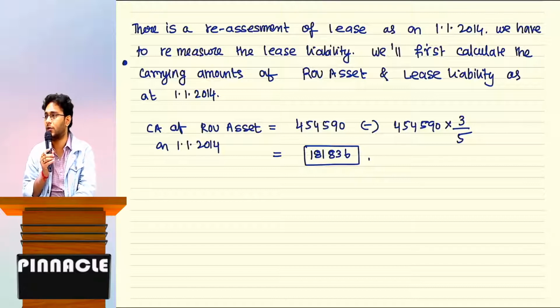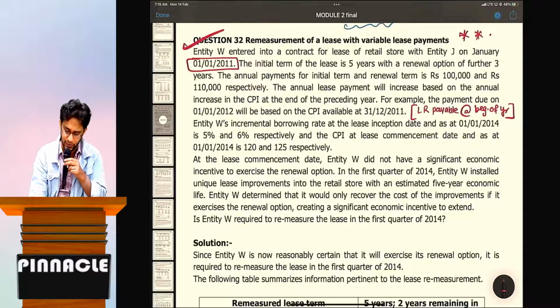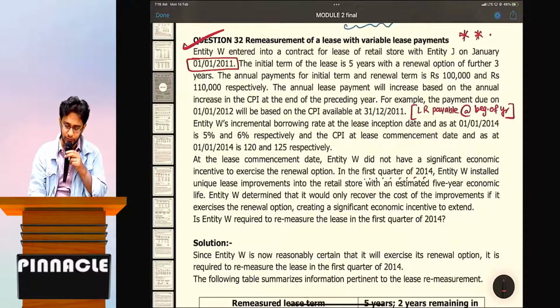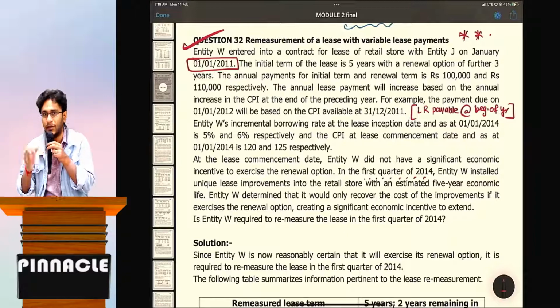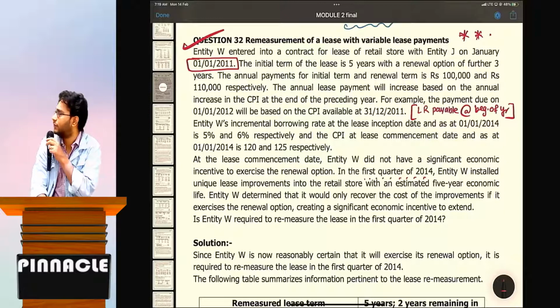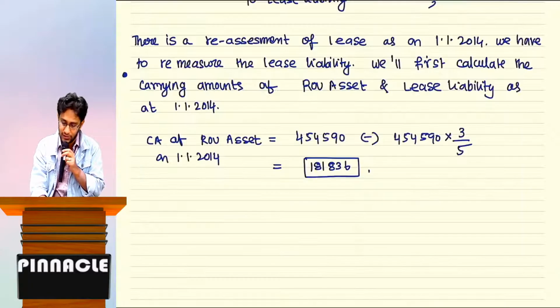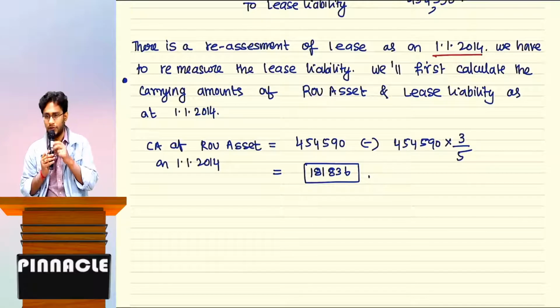I did not say quarter. In the first quarter, you actually incurred lease improvements, installing extra fittings in the building, and then you decided or reassessed that we are going to extend the lease. But I did not use the words first quarter in my solution. In fact, I confidently wrote the date as 1/1/2014.